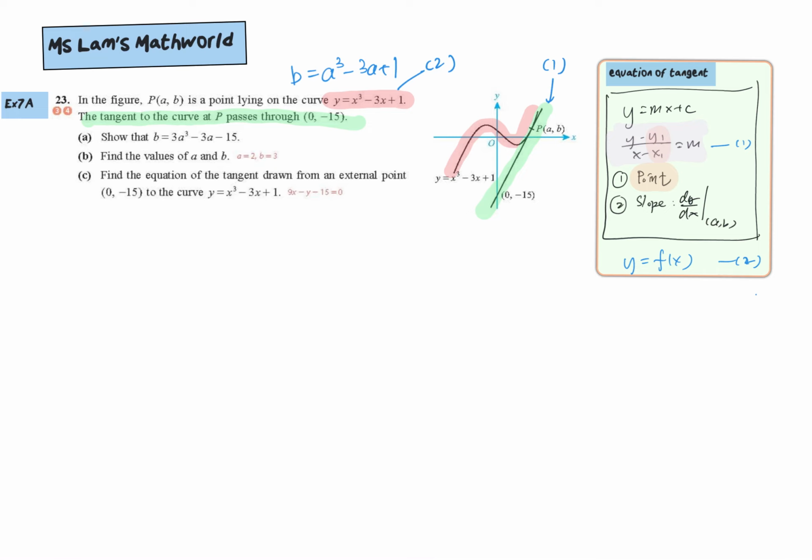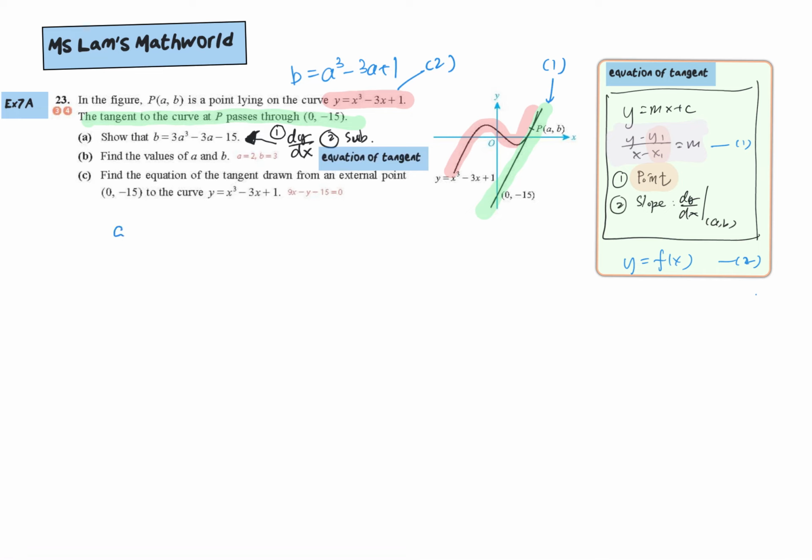So that means the question is asking you to differentiate step 1, and then after that substitute the point. So let's continue. Substitute into the equation of tangent.